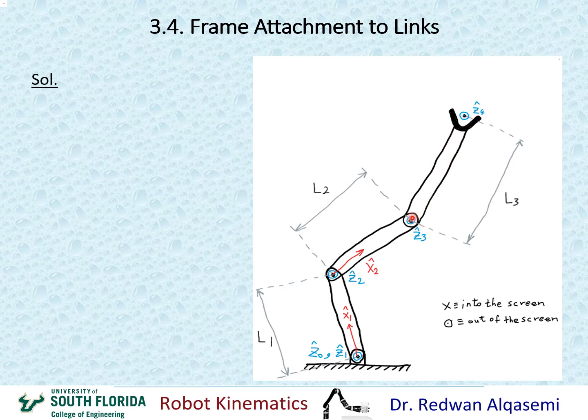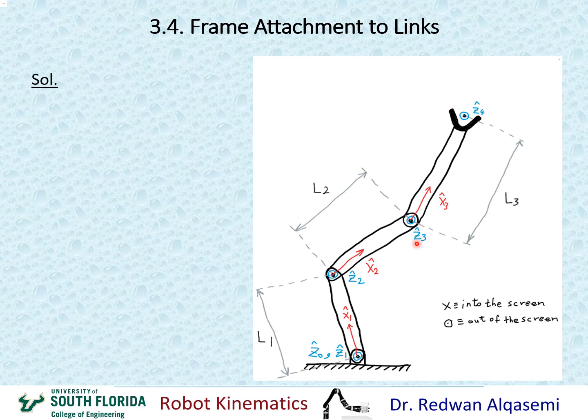Okay, so this means I'm going to have to start my X3 axis at the origin of frame 3 and go towards Z4 along the common perpendicular. So that's my X3 axis, starting from the origin of frame 3 and going towards Z4 along the common perpendicular between Z3 and Z4.